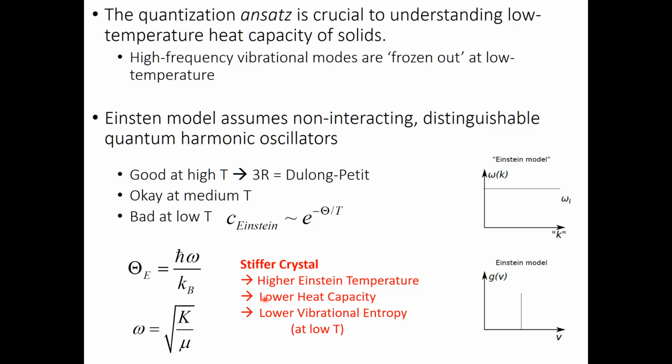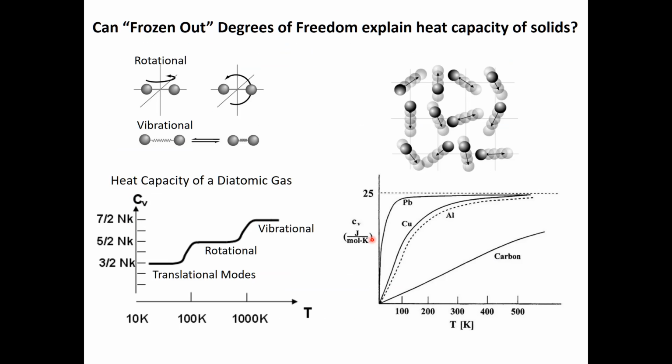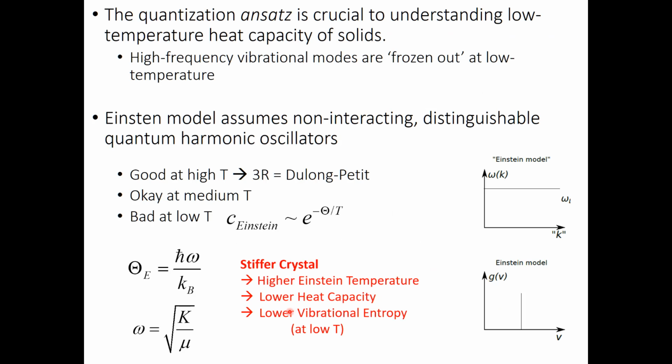The high Einstein temperature means a lower heat capacity at a given temperature, which means lower vibrational entropy, right? Remember that curve? Remember this curve over here? So the entropy is the integral of this, right? Basically, it's the integral of this divided by T, but it's kind of like the integral of this.